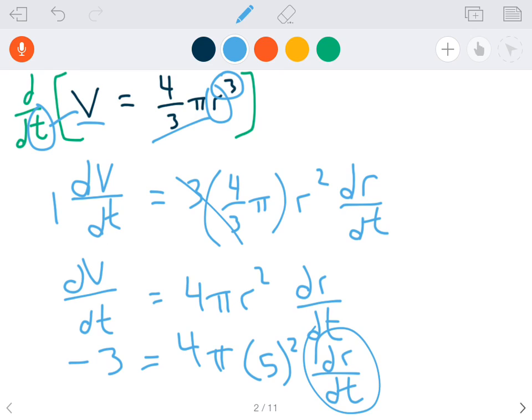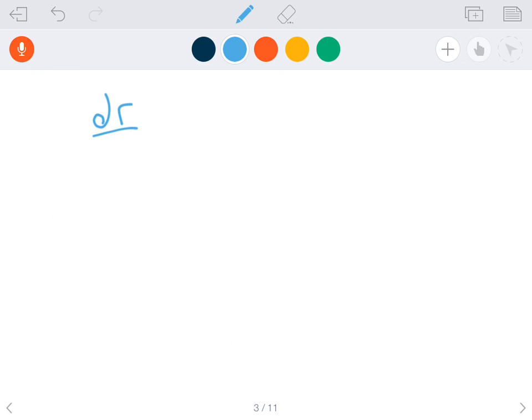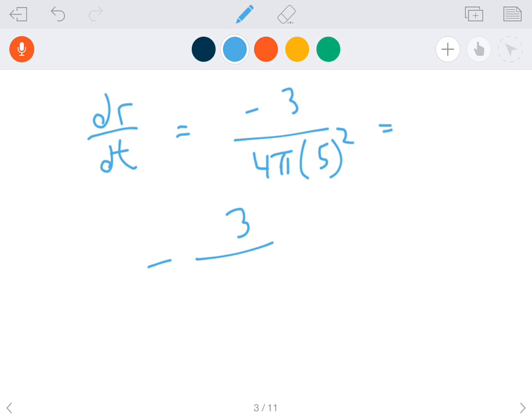So if I get dr dt by itself, I'll take -3 divided by 4 pi r squared, and we'll simplify that just a little bit. -3, let's see, 5 times 5 is 25 times 4 is 100.